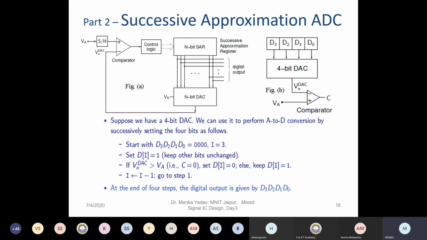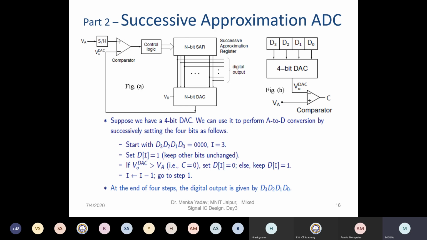Okay, comparator, you know, a simple op-amp can also be used as a comparator. So the positive part is the input signal, because after sample and hold, whatever input you have, that is given to the positive part, and then the negative node is connected to whatever analog equivalent output you are having from the n-bit DAC.